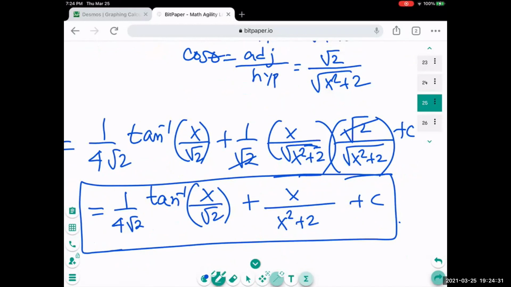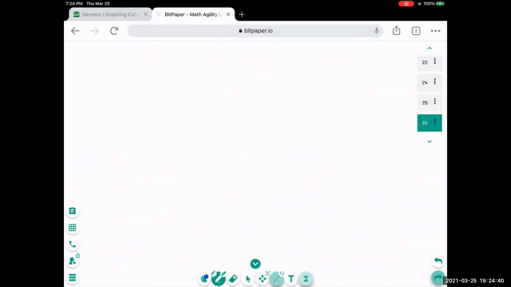So let's try to summarize. So I think that's the last example. So yeah, example number 4. So let's try to summarize what we did. First, what are our steps using the trigonometric substitution?